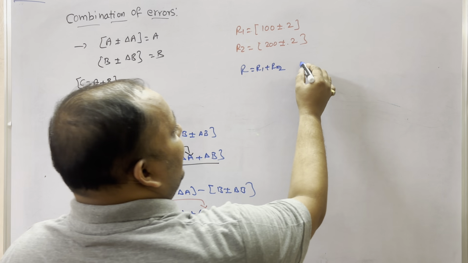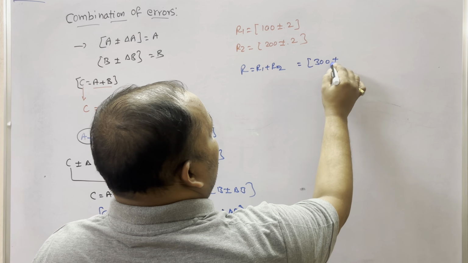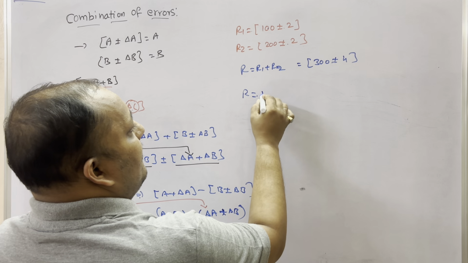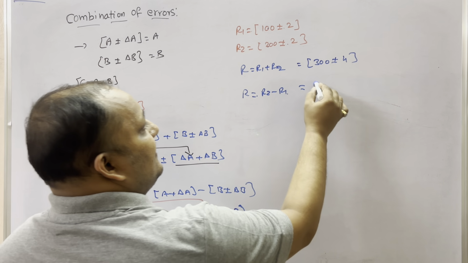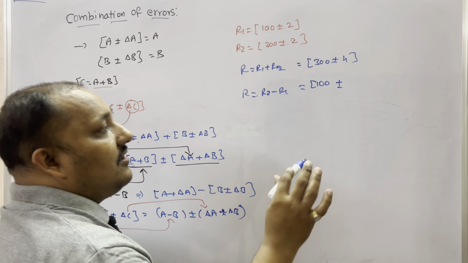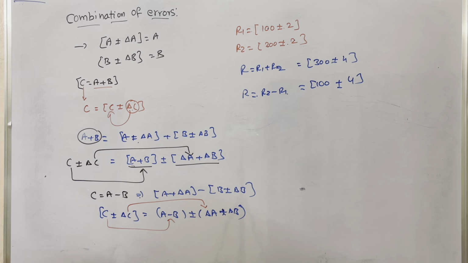How are we going to get the final answer? 100 plus 200 is 300, plus or minus 4. This is the final answer. If you want to do R2 minus R1, then 200 minus 100 is 100, but plus or minus 2 minus 2 we should not do. What we have to do? There also, 2 plus 2. So this is about addition and subtraction.